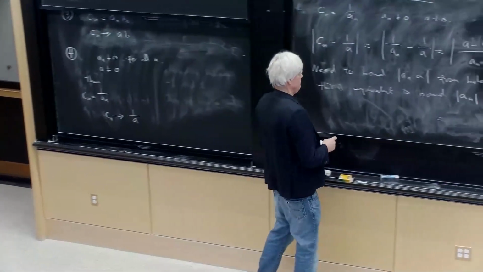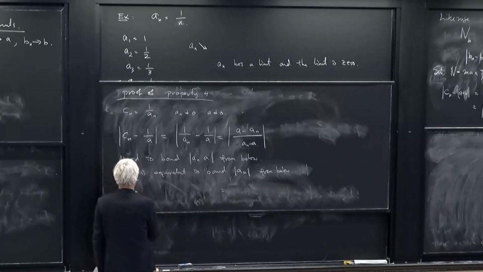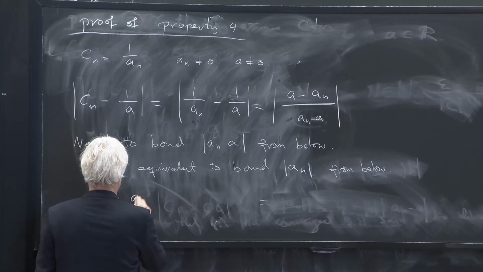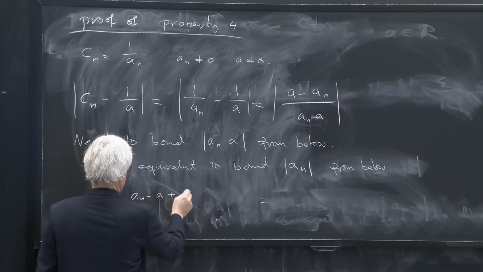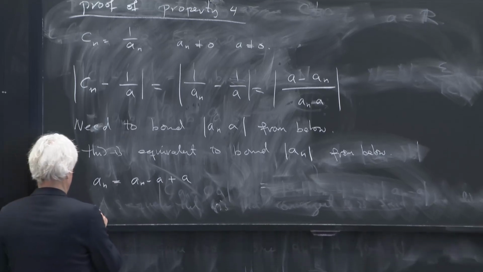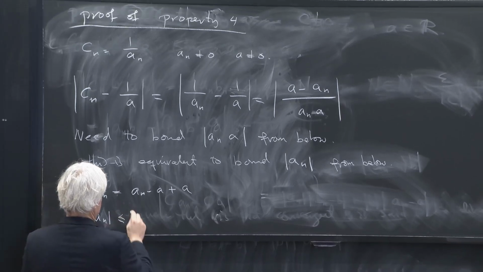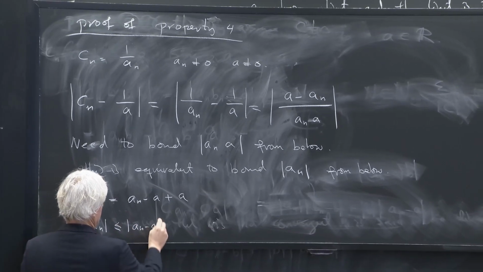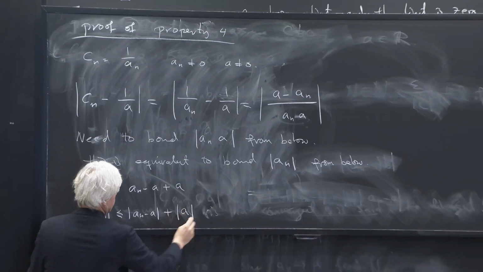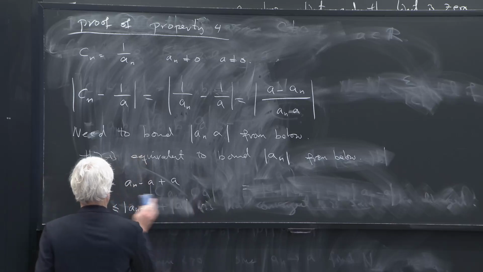Now you make the trivial observation that you can write AN as AN minus A plus A, and therefore the norm of AN is bounded by the norm of AN minus A plus the norm of A. Sorry, this was not how I want to write it.